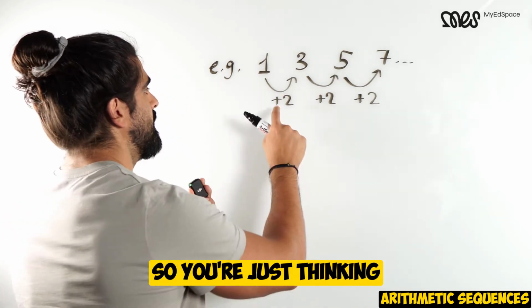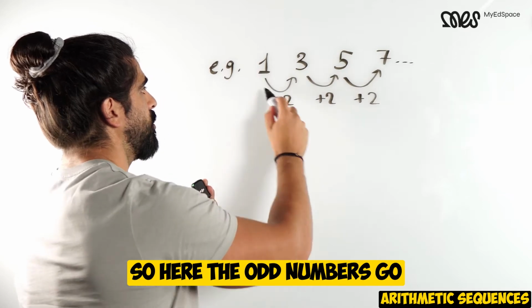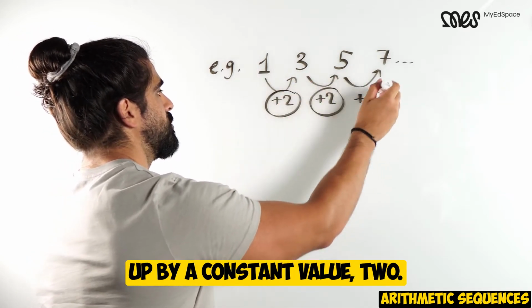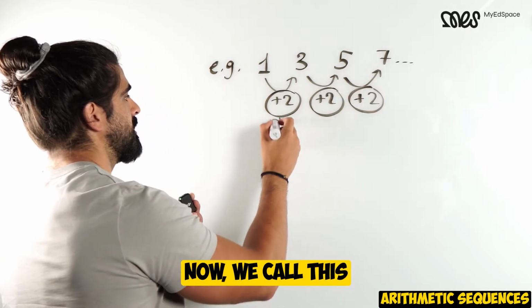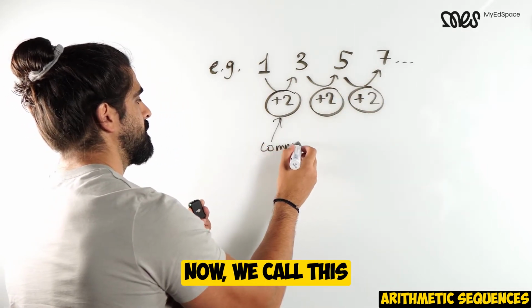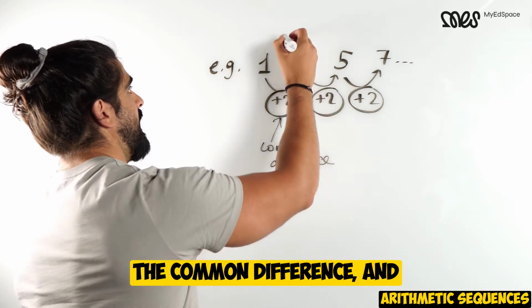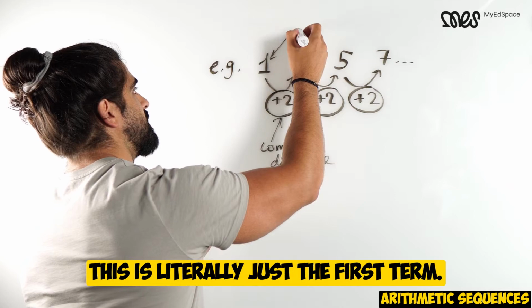So you're just thinking about addition and subtraction. Here the odd numbers go up by a constant value, 2. We call this the common difference. And this is literally just the first term.